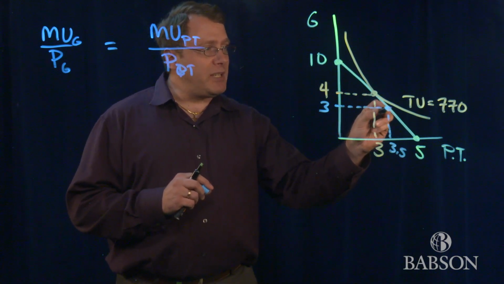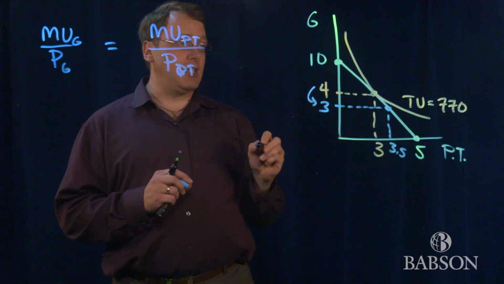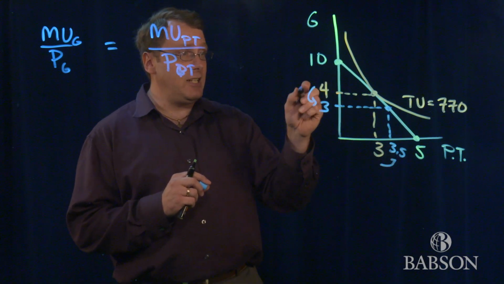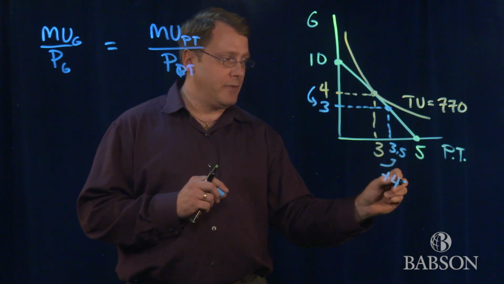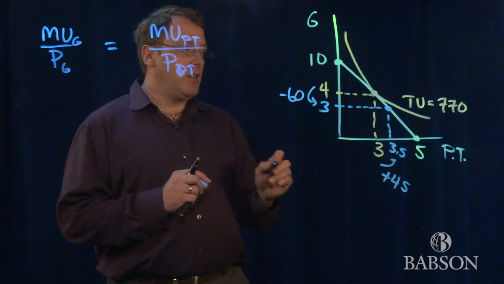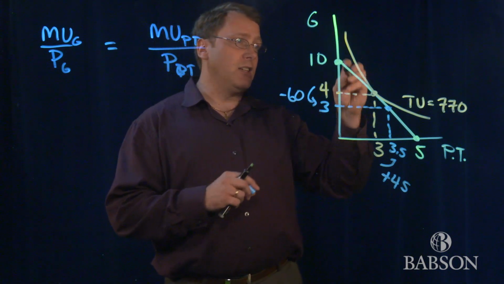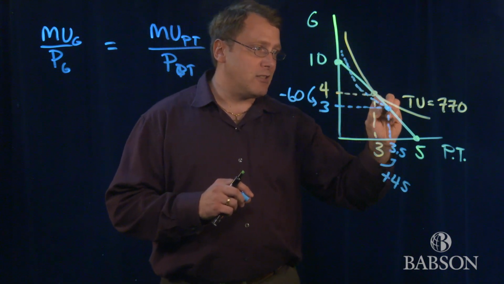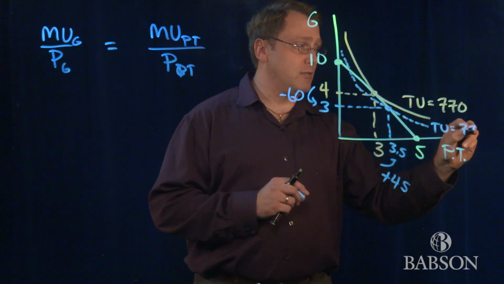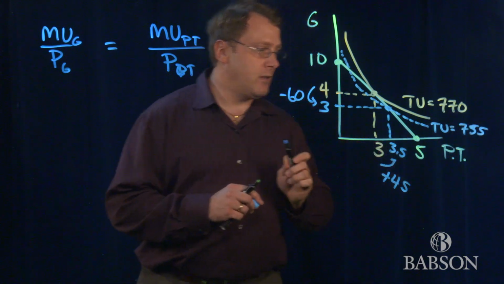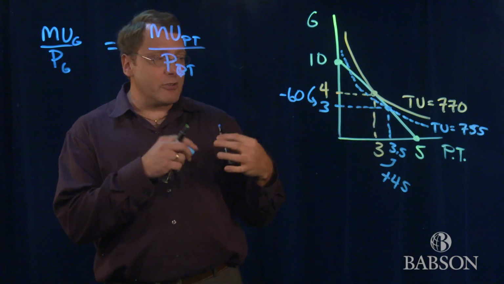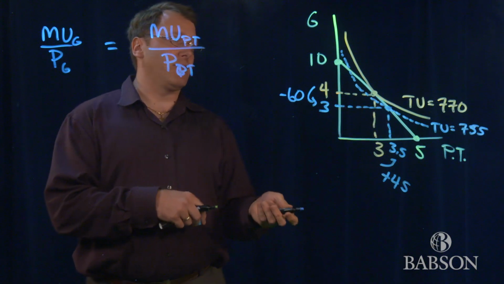But what we saw, because of that change in granola and change in Pop-Tarts, is that the gain here was 45, and the loss here was 60, and so the net change was minus 15. Well, what we'd see is that's actually a different indifference curve, and that's 755. As we think about then, that point that's on a lower indifference curve actually makes us worse off.